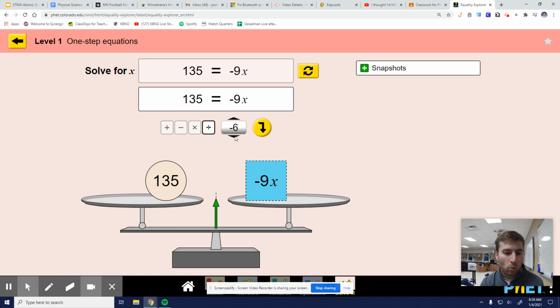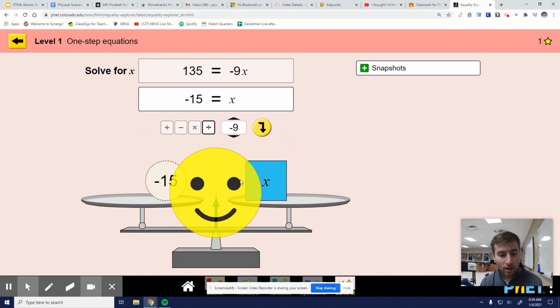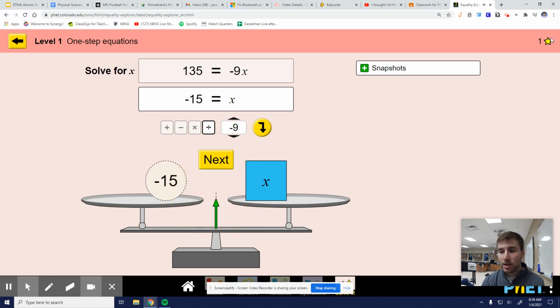I want to divide by whatever is being multiplied by x, negative 9. So I'm going to divide both sides by negative 9, and I get a little smiley face. Once I get a smiley face, I can move on to the next one. It gives me one star here at the top of the screen. So when I'm able to move on, I hit next.